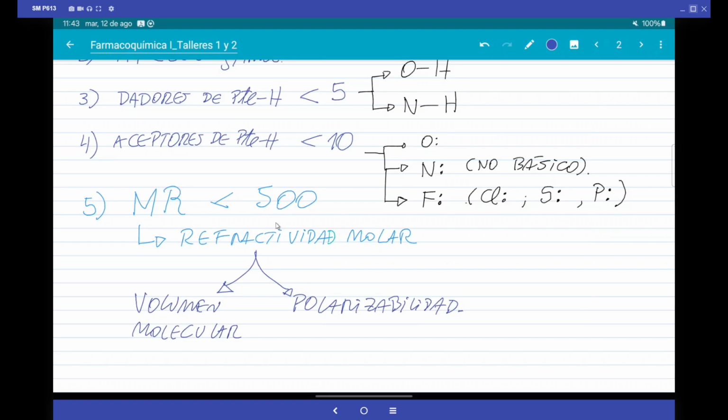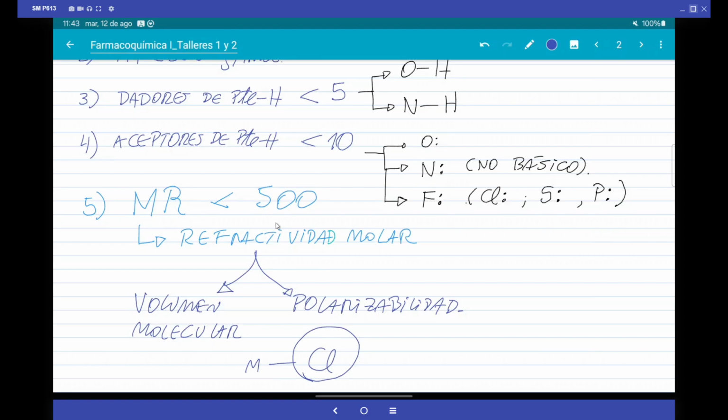I know it is not as concrete as the logP, but we could say that, for example, large atoms like halogens, a large chlorine atom connected to the rest of the molecule, have a high polarizability and a high volume. Large atoms have a lot of molar refractivity. Why? Because as they are large, electrons can move from one side to the other, and that will explain to us the halogen bond that they make when we see intermolecular interaction.